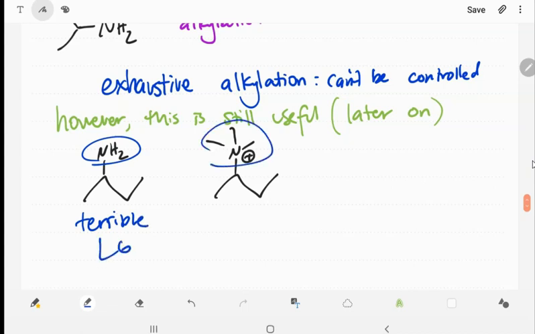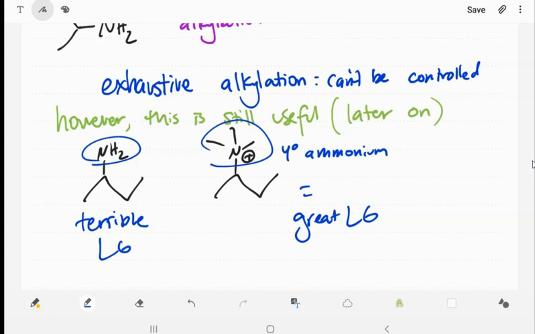But this trimethyl ammonium, I guess it's a quaternary ammonium salt, right, is a great leaving group. It's positively charged, it's ready to go. Throw in something to eliminate it, and poof, you'll make your alkene later on. We'll look at that. But that's the reason.